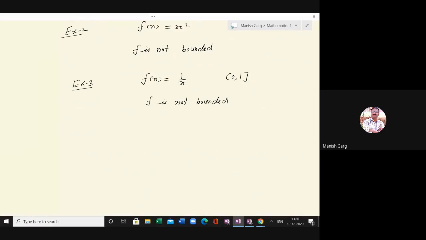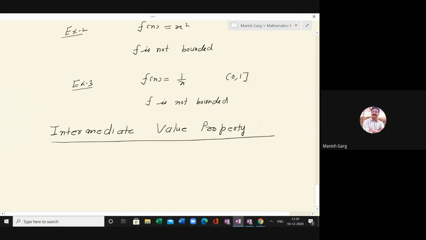Now I am doing the intermediate value property. This is known as, in short, IVP.